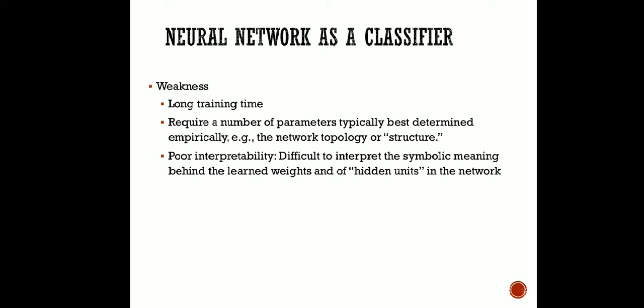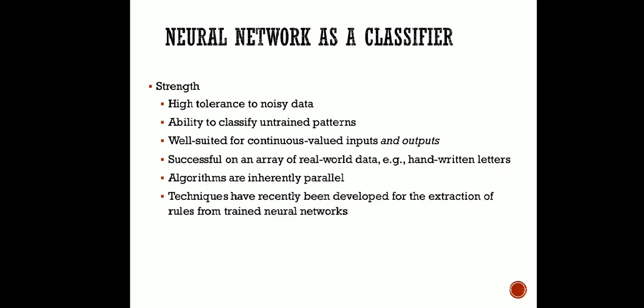Whatever we have seen so far, in the decision tree or the naive Bayes classifier, was very easy to understand and implement, but here you will see some symbols which we are going to use. Whenever we debug, it is a little bit difficult to interpret their meaning. Fine. So these are the three disadvantages, but the strengths are definitely more.